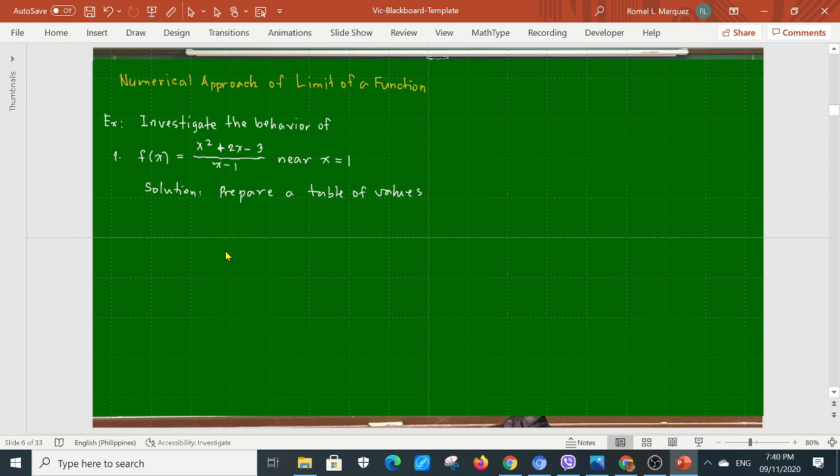I think I will need much space. I need a ruler for this case.